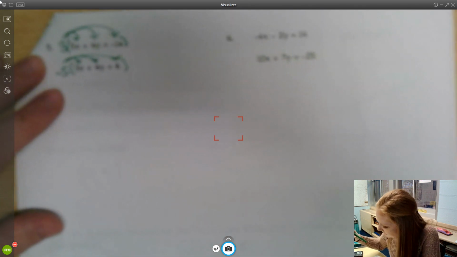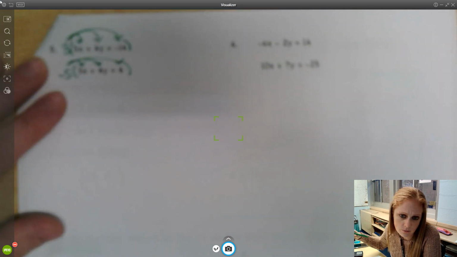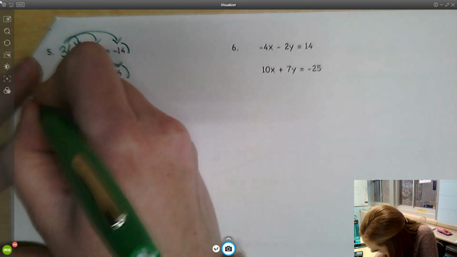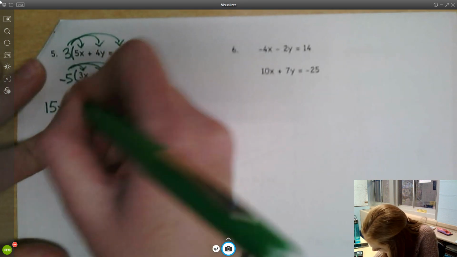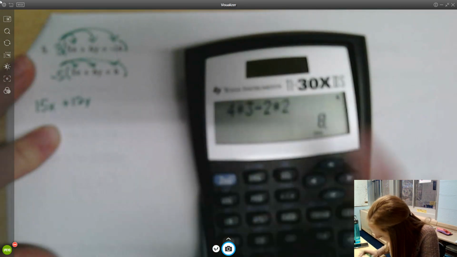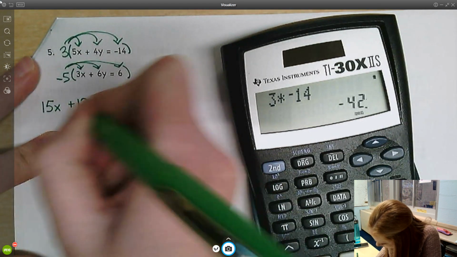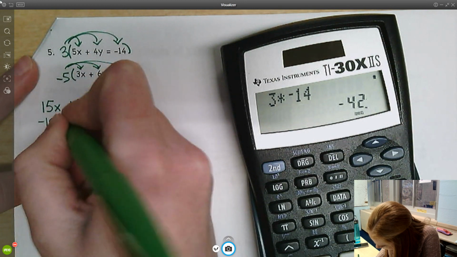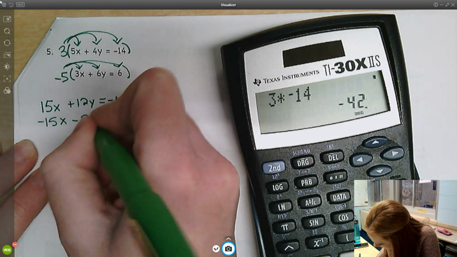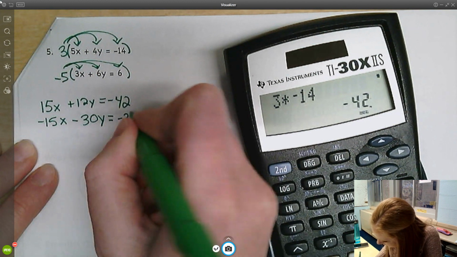So 3 times 5x is 15x. 3 times 4y is 12y. 3 times negative 14, negative 42. Our second equation, negative 5 times 3x is negative 15x. Negative 5 times 6y is going to give you negative 30y. And negative 5 times 6 is going to give you negative 30.